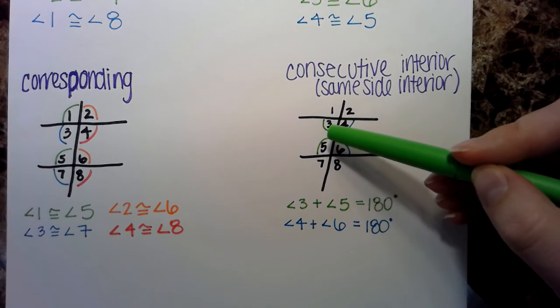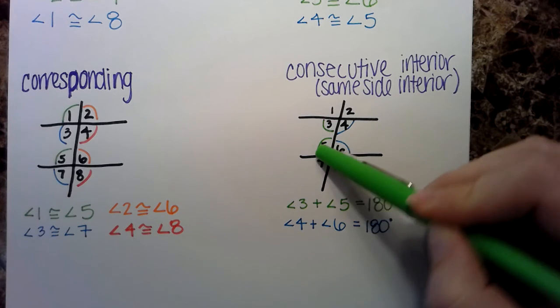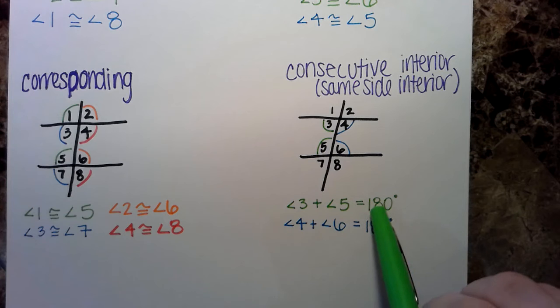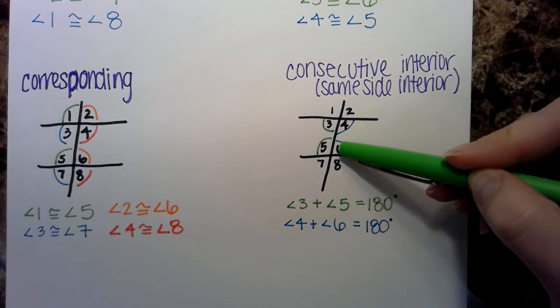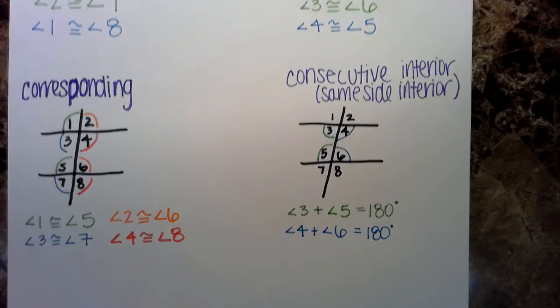So let's say that angle 3 is 30. That means that angle 5 would have to be 150 because 150 plus 30 gives me 180. 4 and 6 are consecutive interior or same side interior, and they are going to add up to 180.